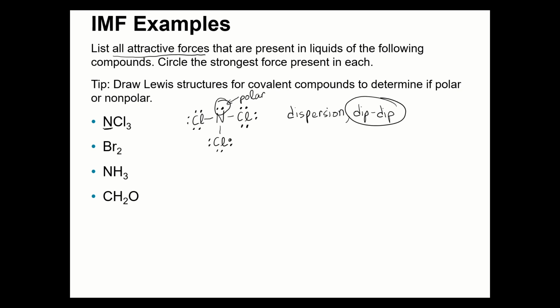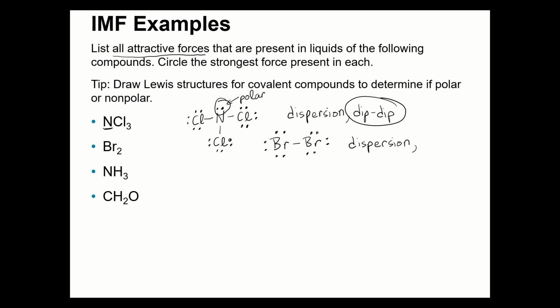Okay, in our second example, we've got bromine. That's going to be 2 bromine atoms attached. And remember, halogens like to have 3 lone pairs. You would find that that's all there is to that structure. So again, dispersion always exists. Now, in order for something to be polar, if you only have 2 atoms, something has to be different.